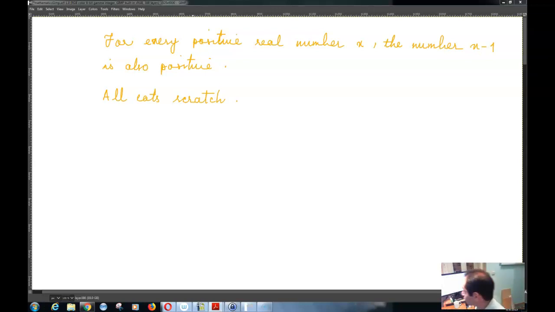Or you have: for every real number x, either x is greater than 1 or x is less than 1.